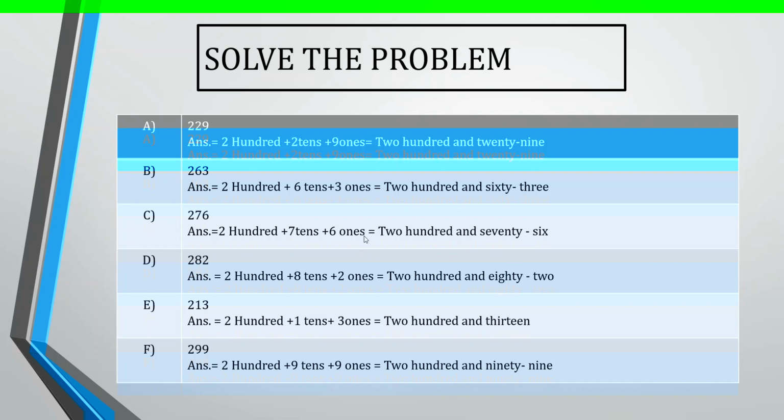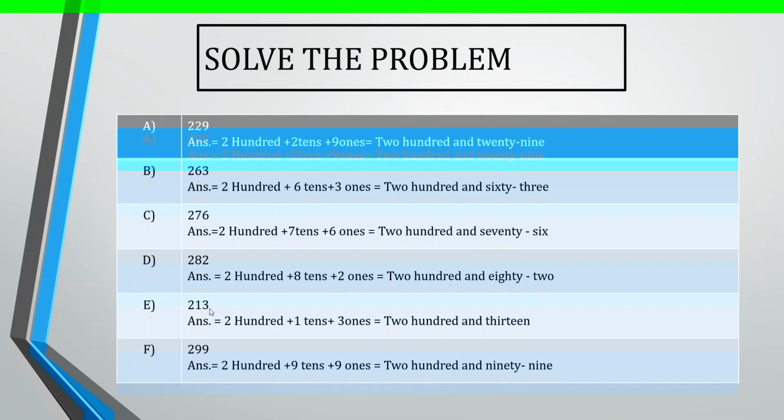This is equal to the value 276. Question number D. Here 282. In 282, here 200 plus 8 tens plus 2 ones is equal to 282.